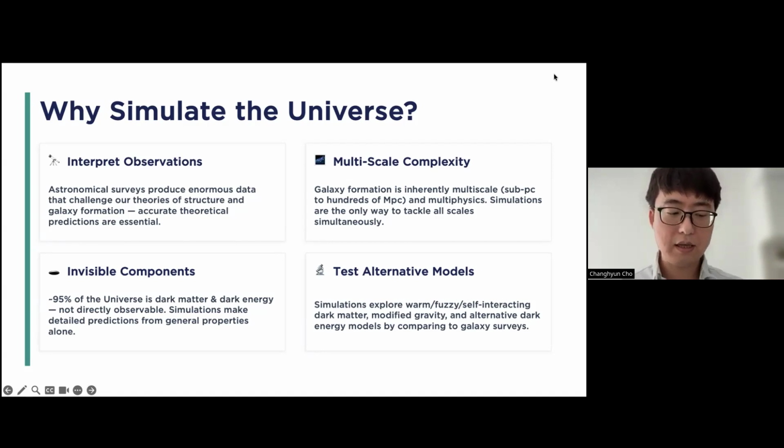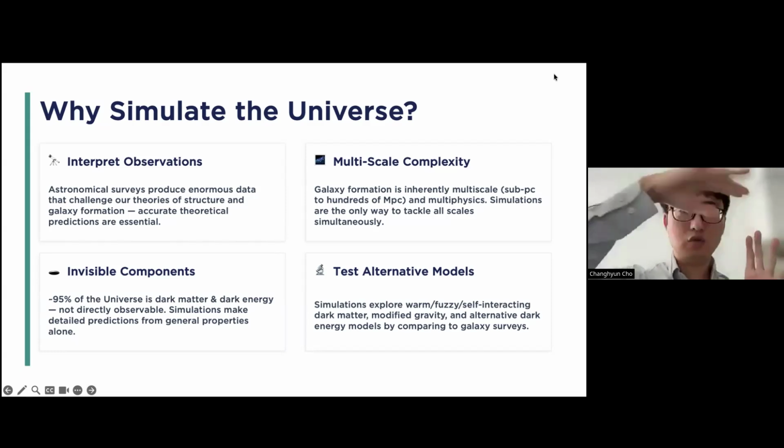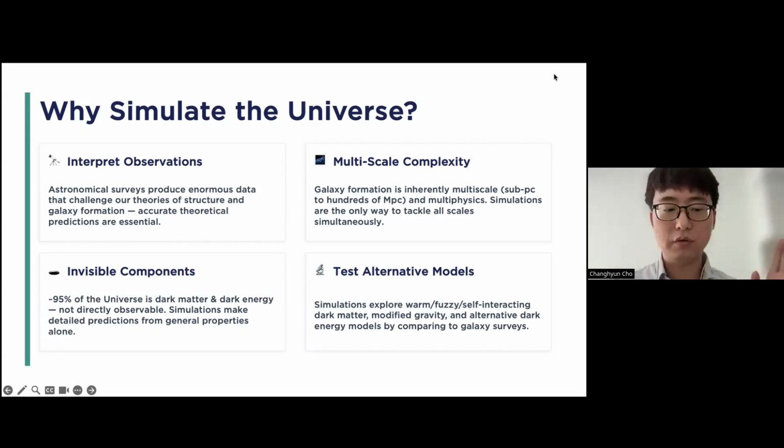Also, personally, I think simulation is a thought experiment. As long as we have a fair understanding of the physics, like how gravity works and how fluid dynamics works, and as long as our galaxy formation model is correct, then if we put everything into our simulation and run it to redshift 0, or redshift 3, what we simulate will be similar to the observation.